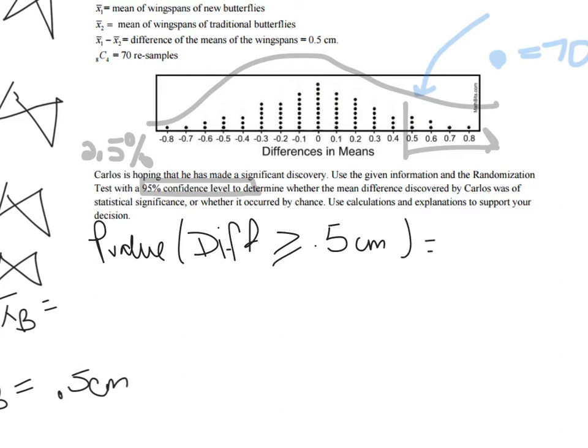So how many are there? 1, 2, 3, 4, 5, 6, 7. 7 out of 70. Okie dokie. So we have 7 out of 70, which will give us a value, if you divide in your calculator, of 0.10, which tells me 10%. So 10% is right there.